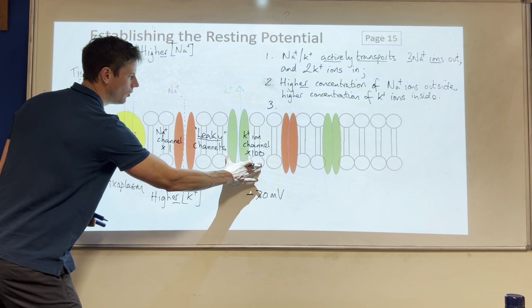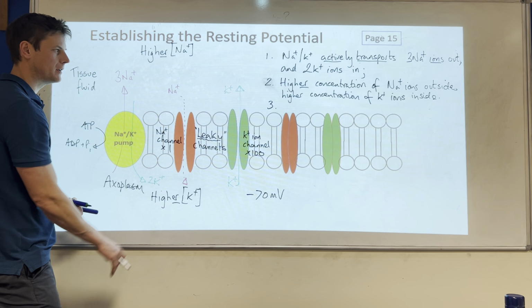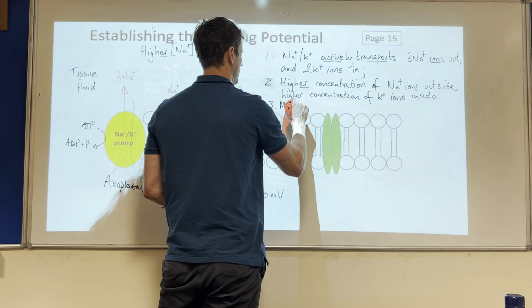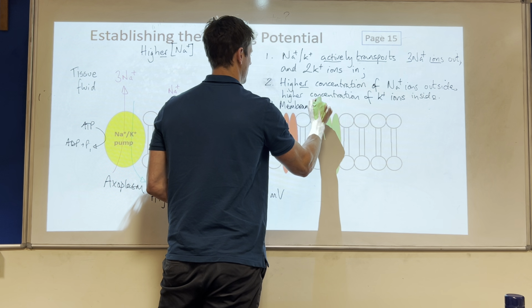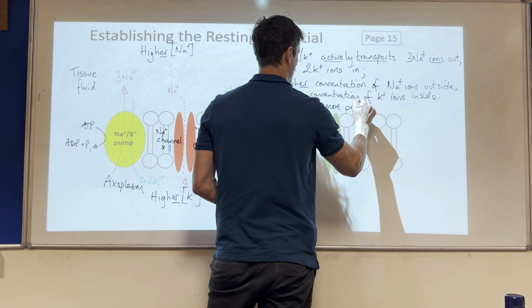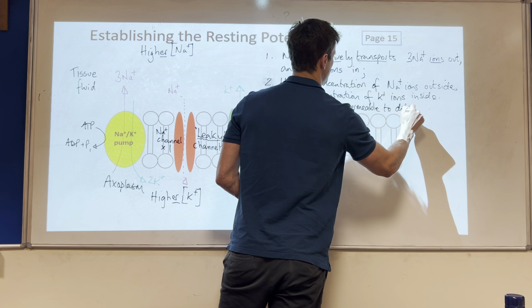Okay? Now, coming back to these leaky channels, third part here. Because there are more potassium ion leaky channels than there are sodium ion channels, we can say that the membrane is more permeable to the diffusion.